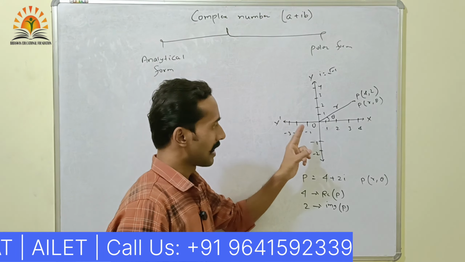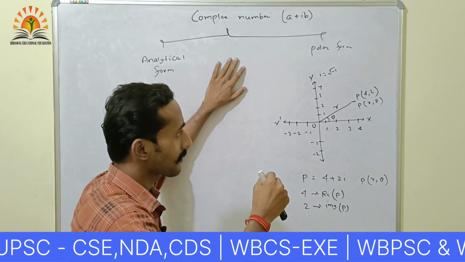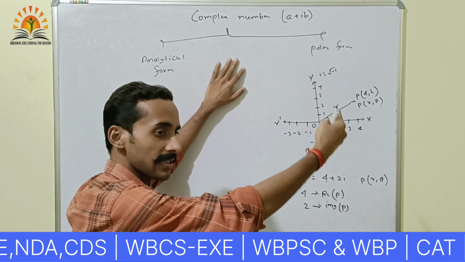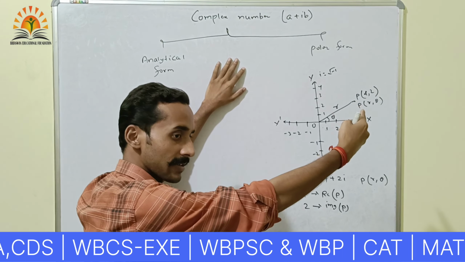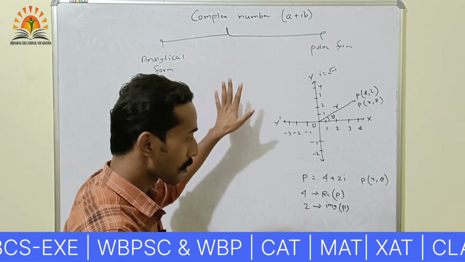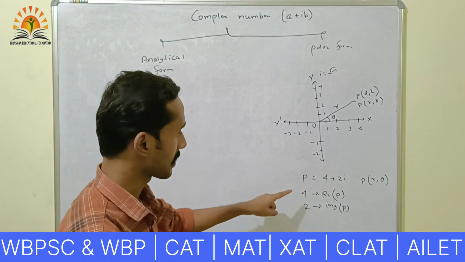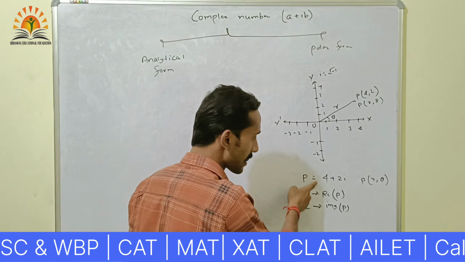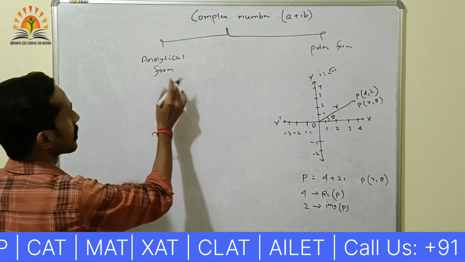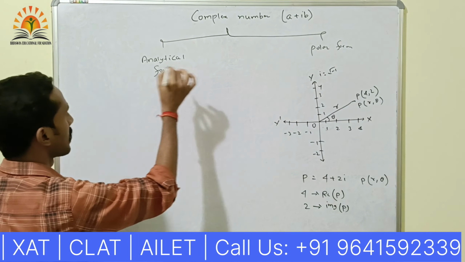Please focus very carefully that if we talk about polar form, there are two things: distance from the origin and angle with the x-axis. Understood? Because it is polar form, it is based on the graph. But if you say it is analytical form, then we have to use two numbers, the real and imaginary part.